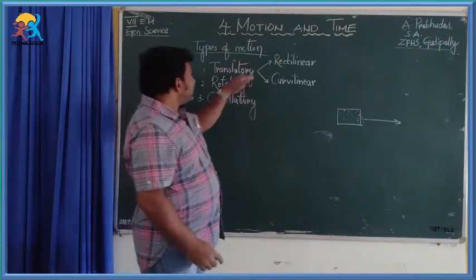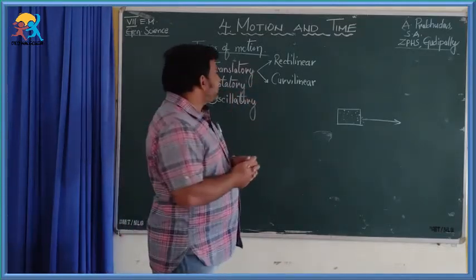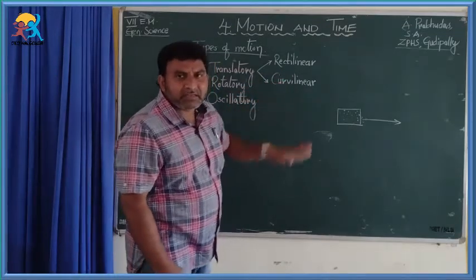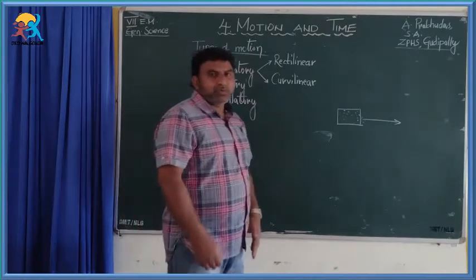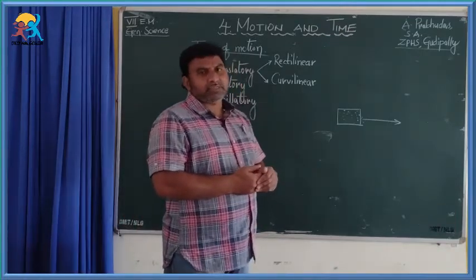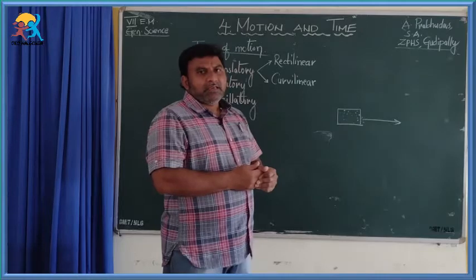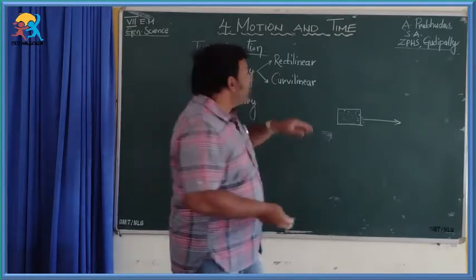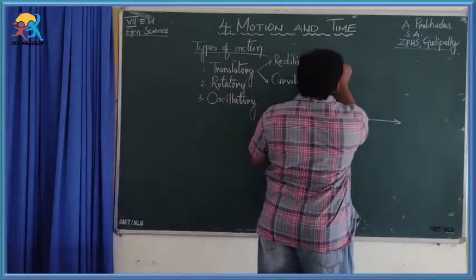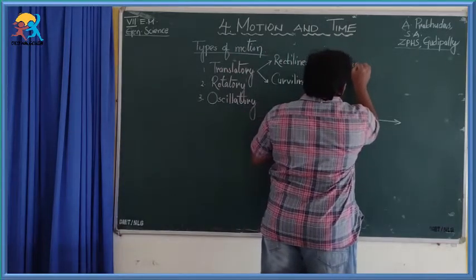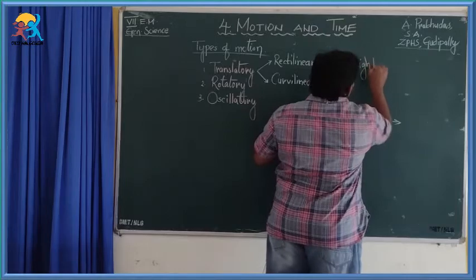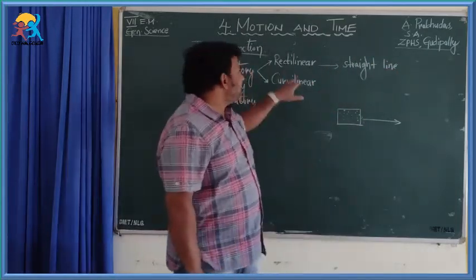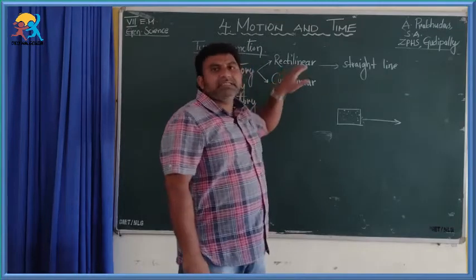Again, translatory motion is of two types, rectilinear motion and curvilinear motion. So, what is rectilinear motion? If a body in translatory motion moves in a straight line, such type of motion is called rectilinear motion.